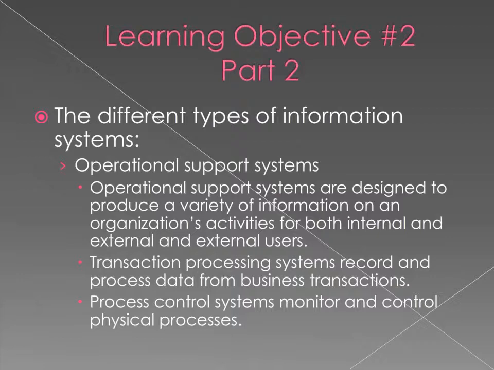Okay, so on to part two, we have the different types of information systems. There are two major ones, and they have little categories underneath. So we'll start with the first one, which is operational support systems. Operational support systems are designed to produce a variety of information on an organization's activities for both internal and external users.